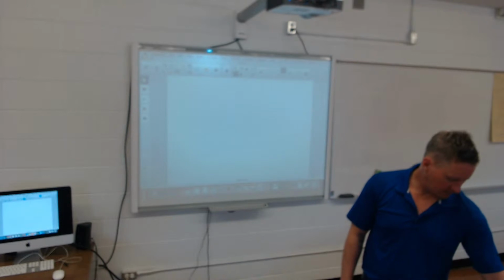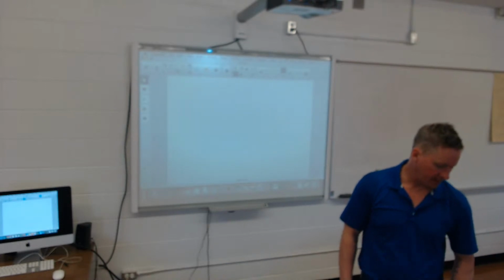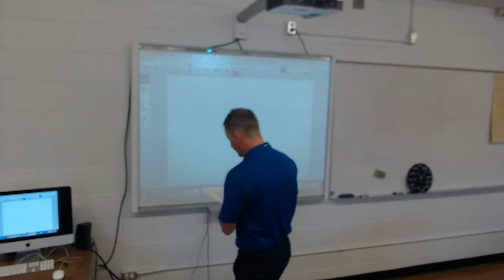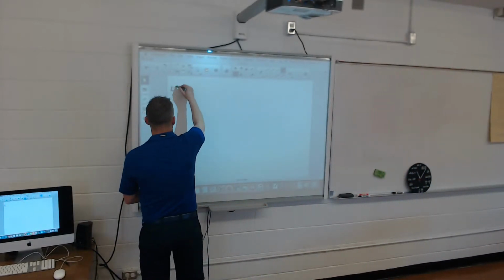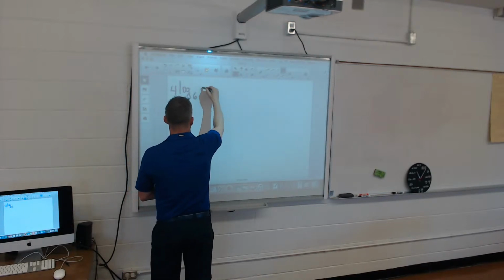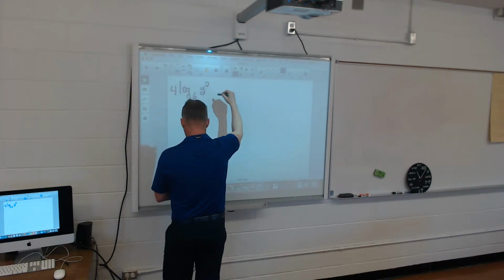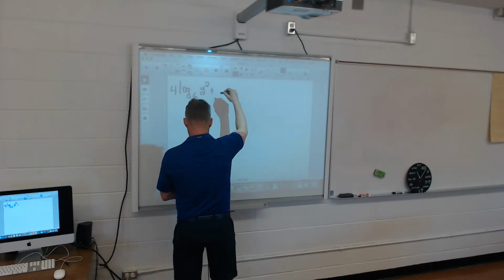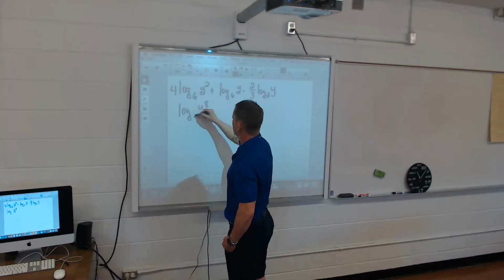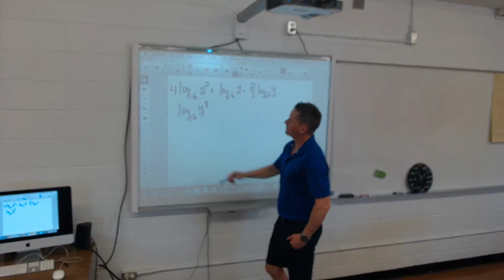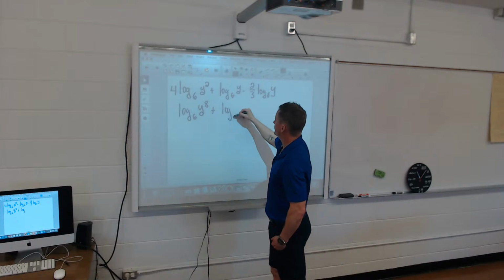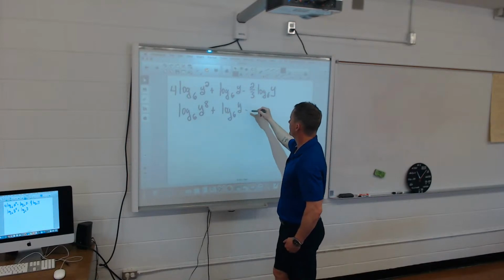All right, so page 276, I'm going to do working example 2b. So we have to change to a singular logarithm. I got to multiply 4 times 2. That gives me that. This stays as log y to the 6. Subtract.